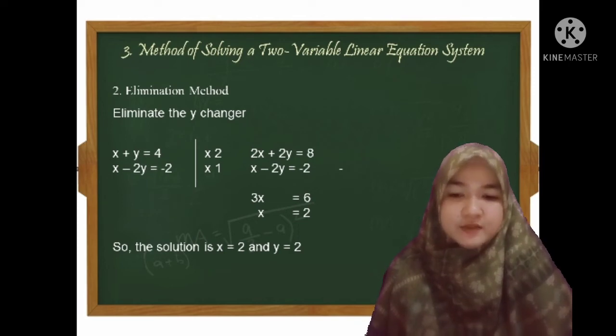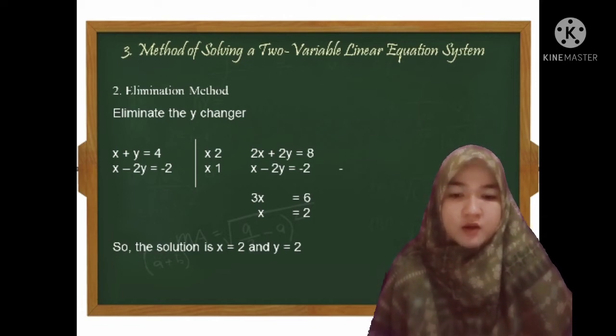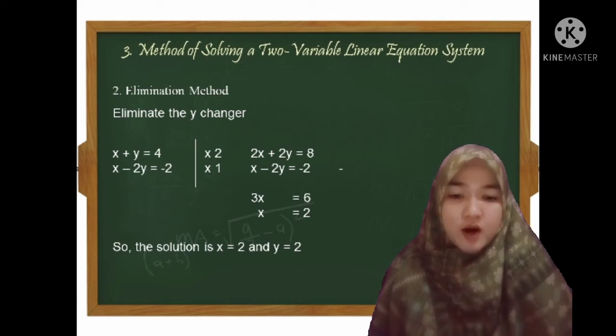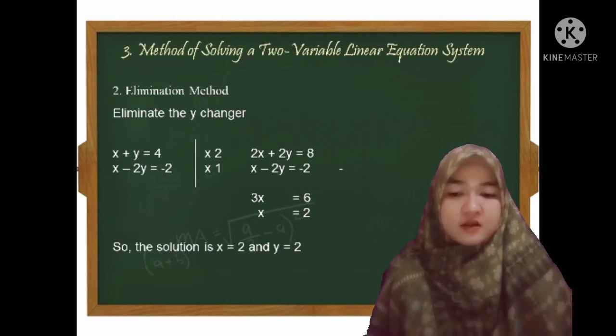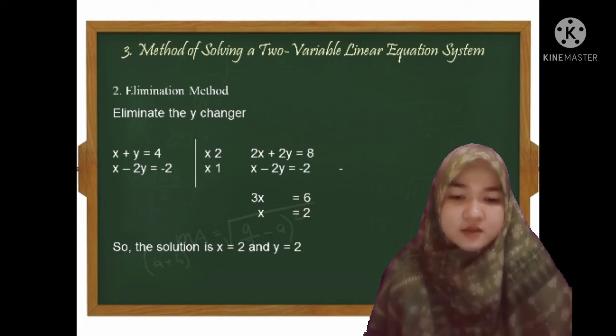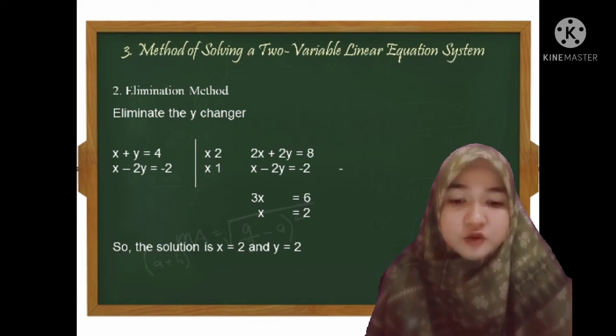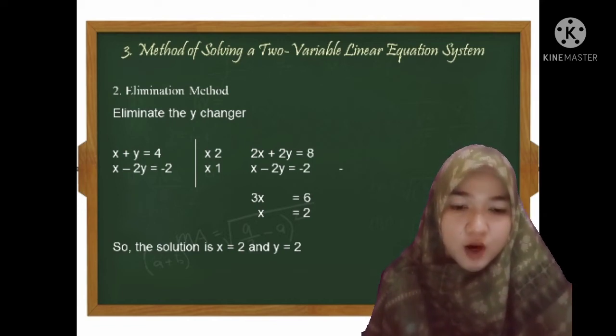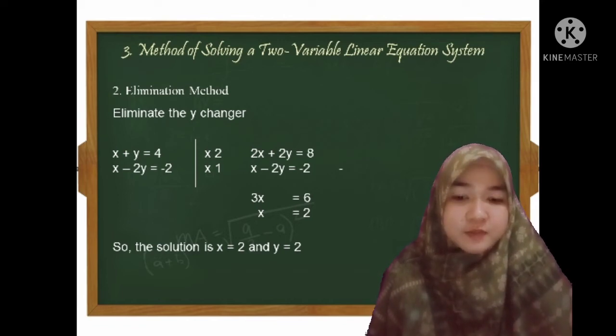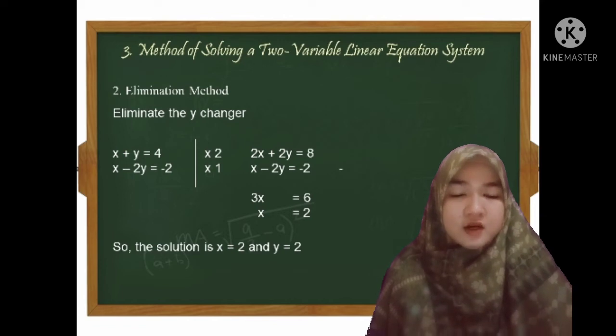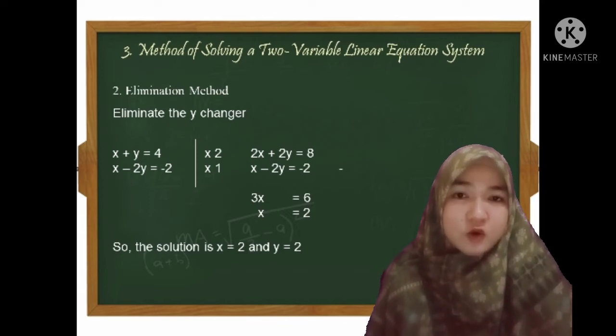Eliminate the variable y. x plus y equals 4 multiplied by 2 becomes 2x plus 2y equals 8, and x minus 2y equals minus 2 multiplied by 1 becomes x minus 2y equals minus 2. 2x plus 2y equals 8 plus x minus 2y equals minus 2 becomes 3x equals 6, so x equals 2.